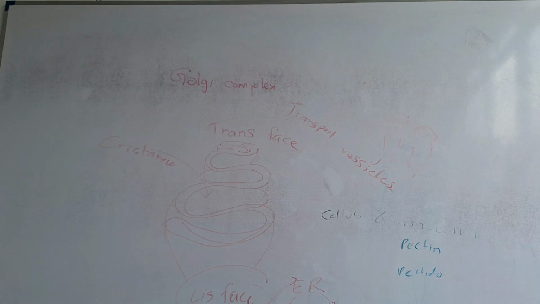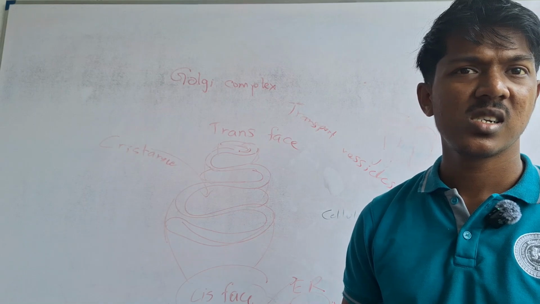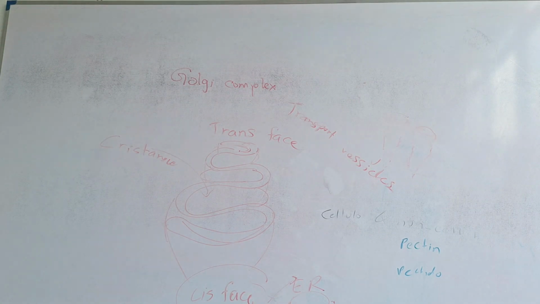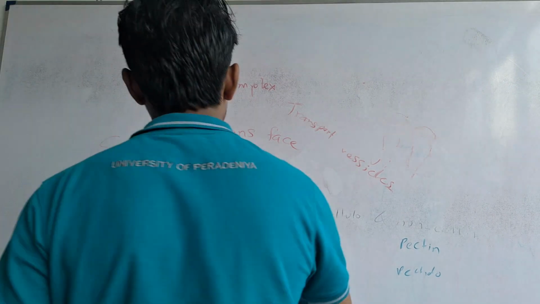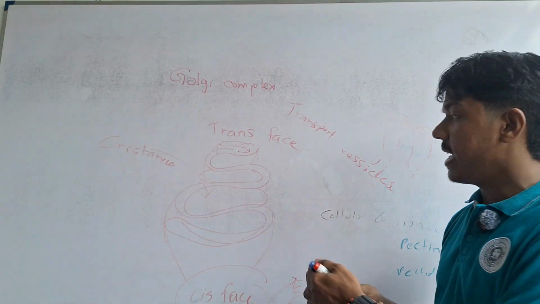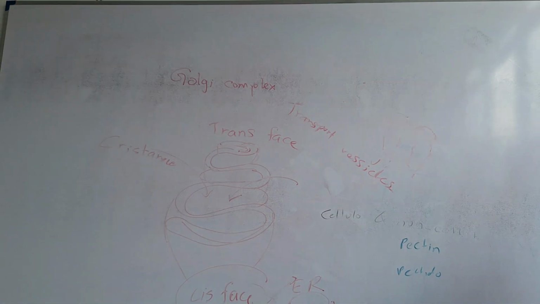Produce lysosomes. So under the Golgi complex, how many points are there? Not that many. This pocket-like structure is known as the cisterna. Inside the cisterna, what's the name of the empty space? Lumen.